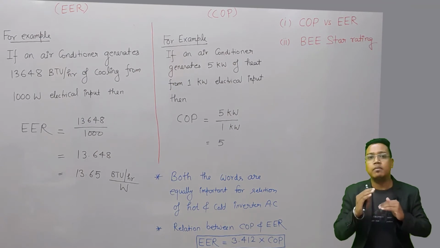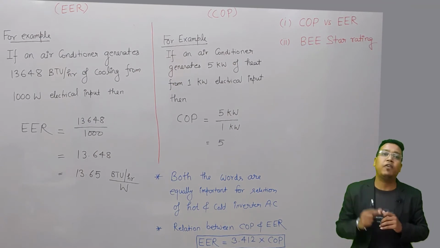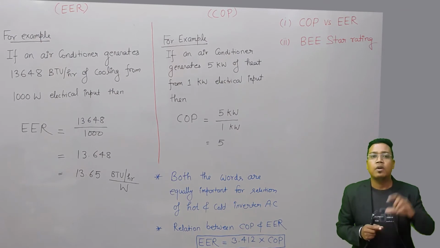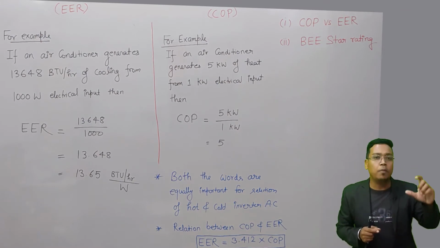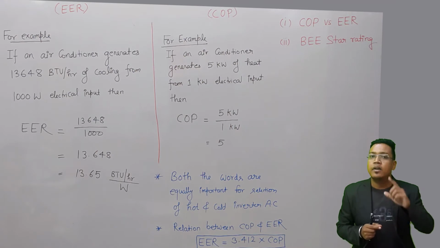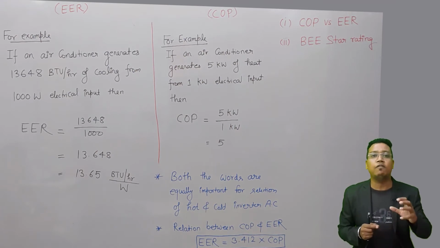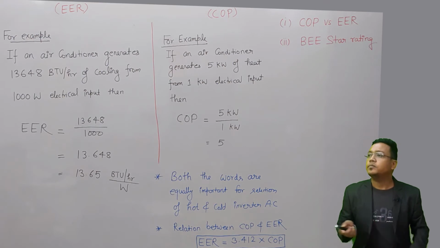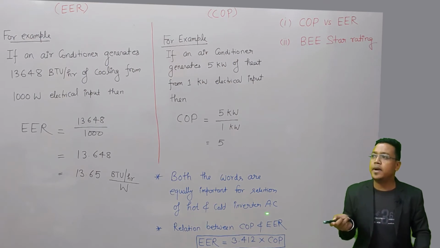Both the terms will be on the technical specification of that AC. In the next slide, I will show the technical specification of one company. Okay. You have to remember this thing.